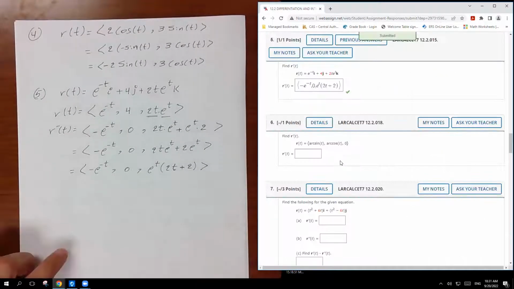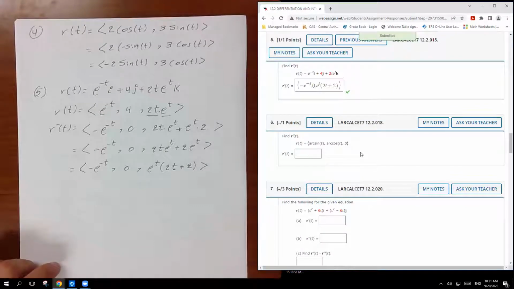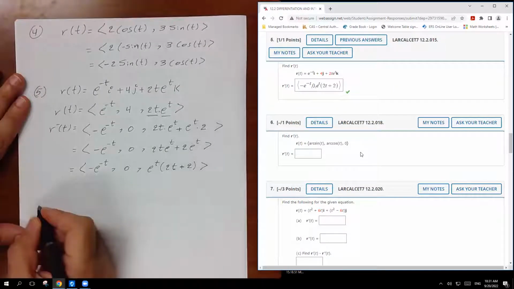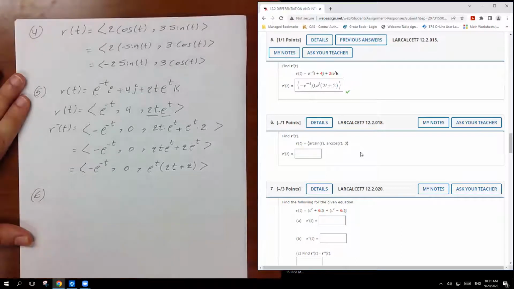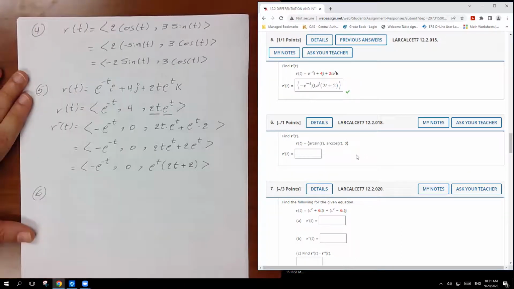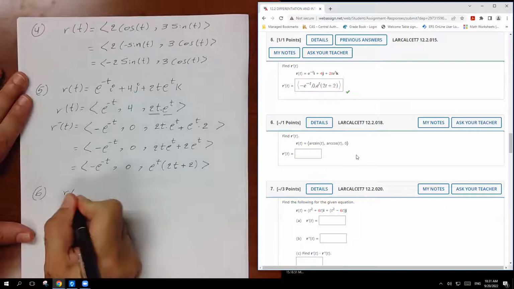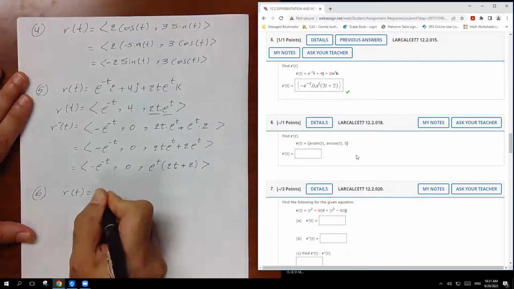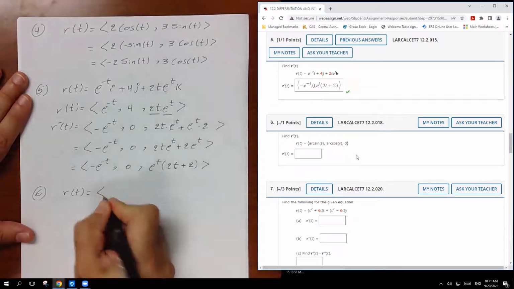Example 6. This one is exactly the same thing. r of t is the inverse vector component.